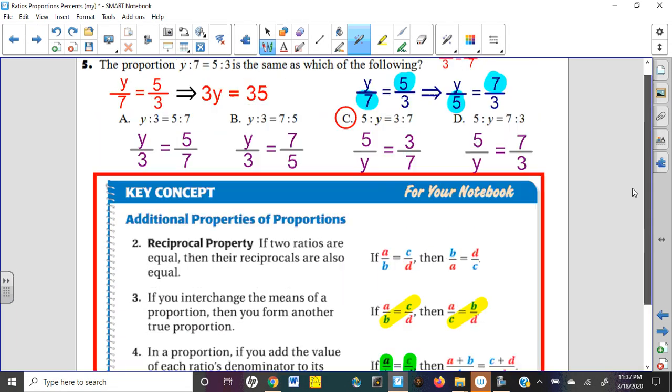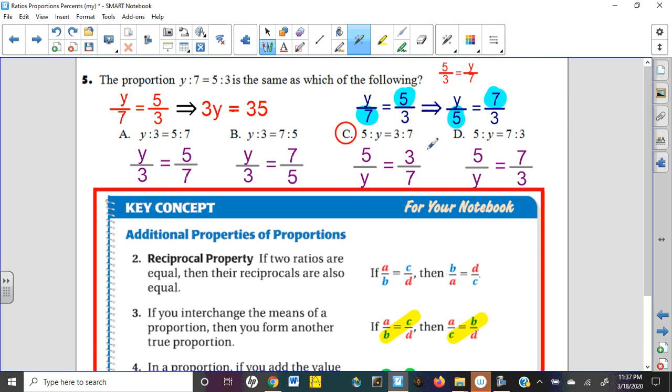And if you combine properties 2 and 3 by starting with y over 7 equals 5 over 3, and taking the means and flipping them to y over 5 equals 7 over 3, and then taking the reciprocal of that, boom, you end up with that right there.